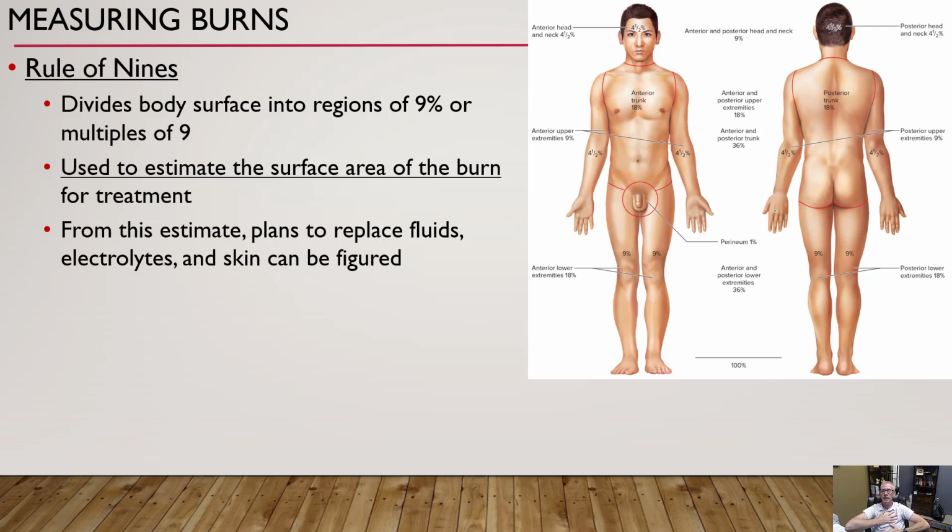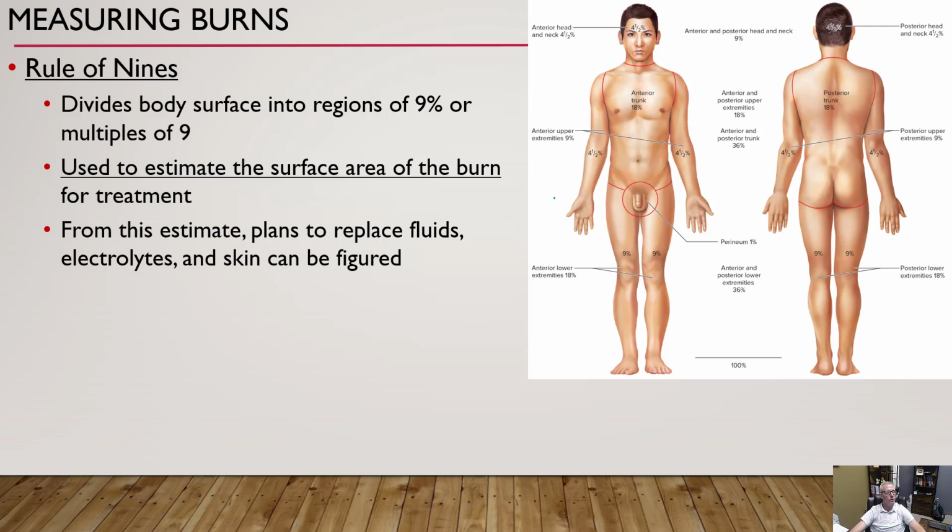The front of your body is worth 18%. The back of your body is worth 18%. The front of your leg is 9%. The back of your leg is worth 9%. And then your pubic region would be the 1% to make up 100%. So you will need to know these rules of 9 to estimate the surface area of the burn.